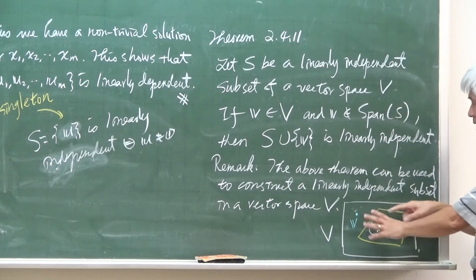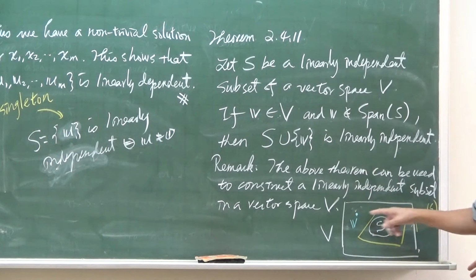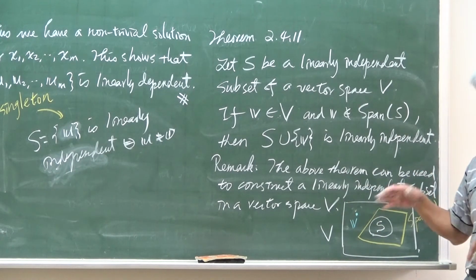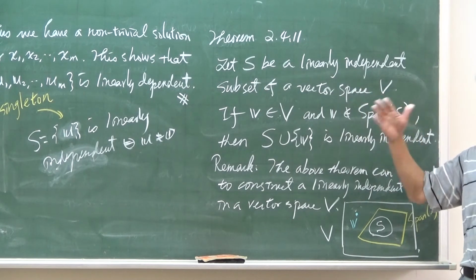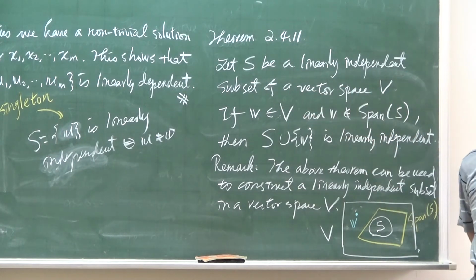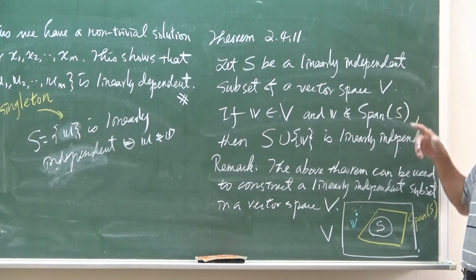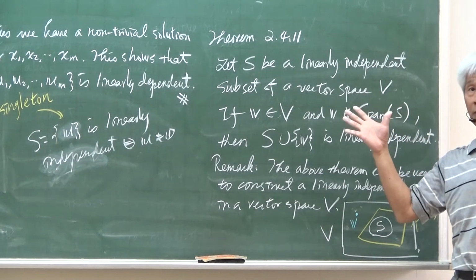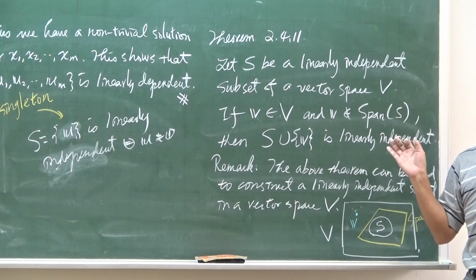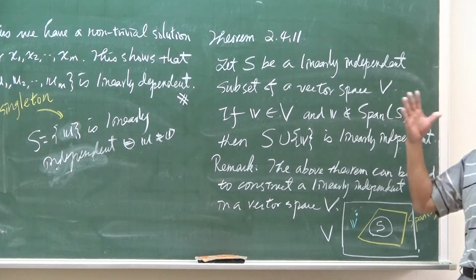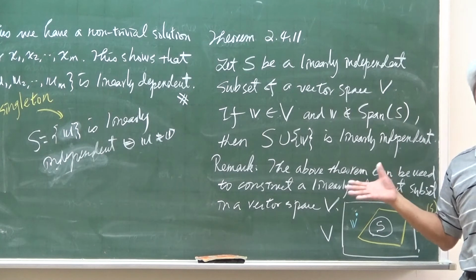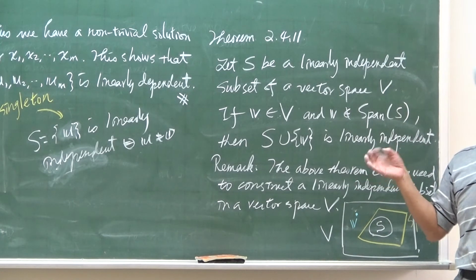So with that, you can add one element into S, so that you can form bigger and bigger linearly independent subsets. Up to a point when the span of X is equal to V. If the span of X is equal to V, then you have no more vector to pick up, because S spans the whole vector space already.